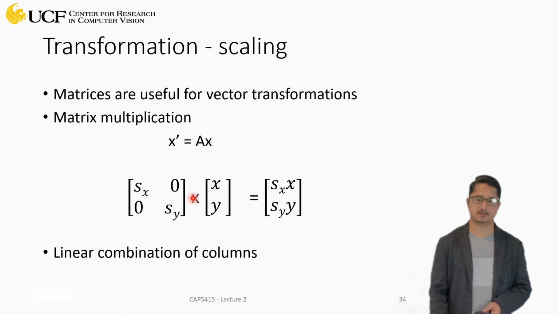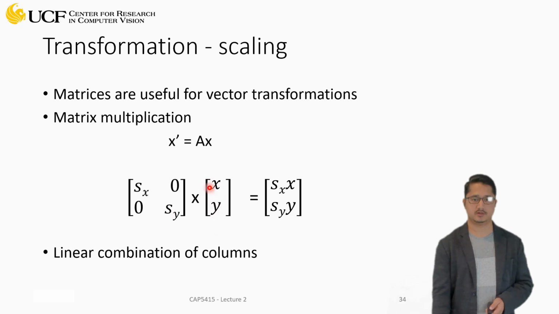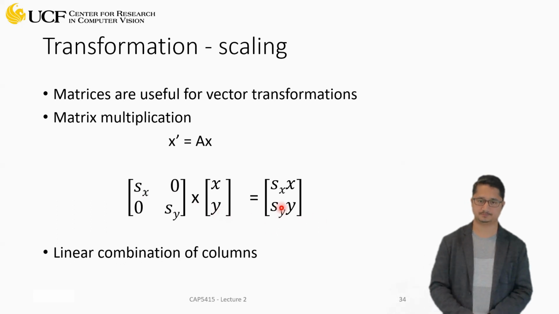So here you can see that what we are in fact doing is we have two columns in this matrix, and we are just performing a linear combination of these columns. And the weights which are being used are the original vector values x and y. So the first column vector is being scaled using x, which is giving you Sx, and the second is being scaled with the value of y, which is giving you Sy, right?